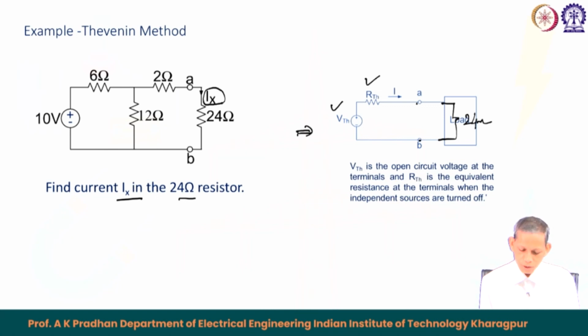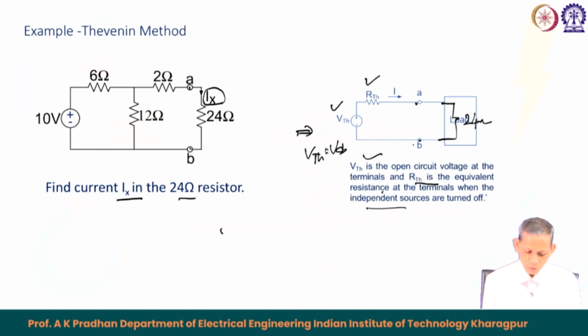The VTH is nothing but the open circuit voltage at the terminals. Open circuit means we will open the 24 ohm here and find the corresponding VTH. So, VTH equals VAB with the 24 ohm being open. RTH is the equivalent resistance at the terminals when the independent sources are turned off. So, what does it mean?